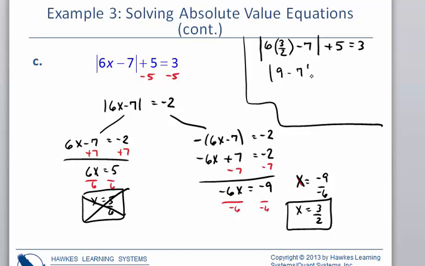So I have the absolute value of 9 minus 7, plus 5 is equal to 3. 9 minus 7 is 2. It's positive, so we don't really need the absolute value. 2 plus 5 is equal to 3. And again, we run into a problem with that solution. We'll throw it out as well. And so the solution set to this absolute value equation is that there are no solutions that work.